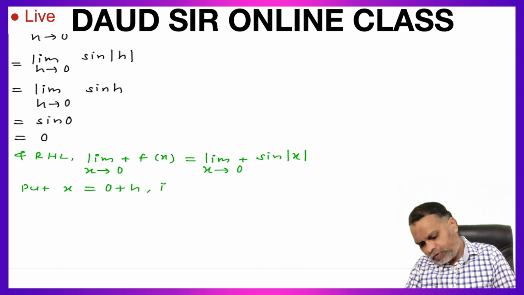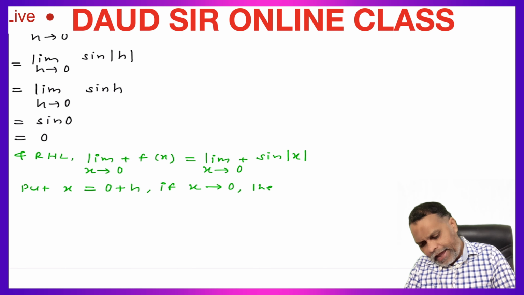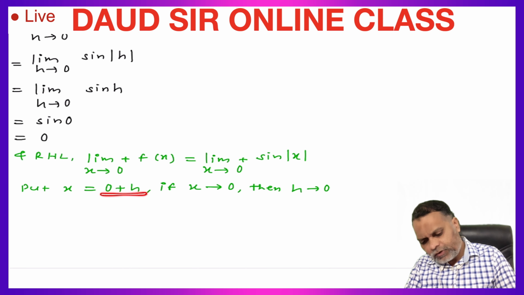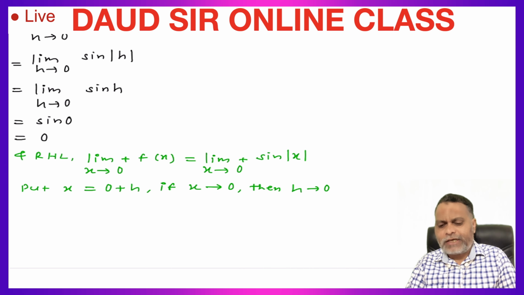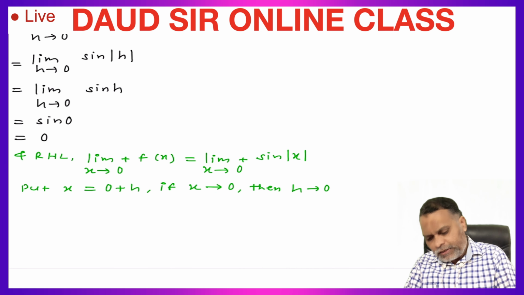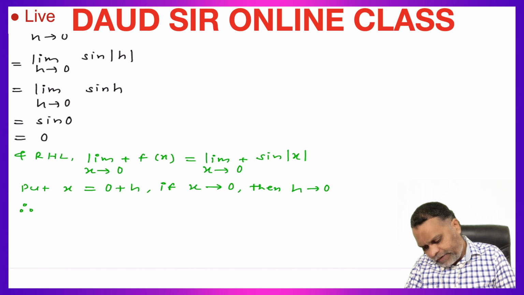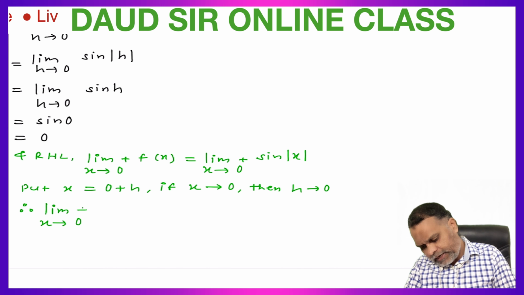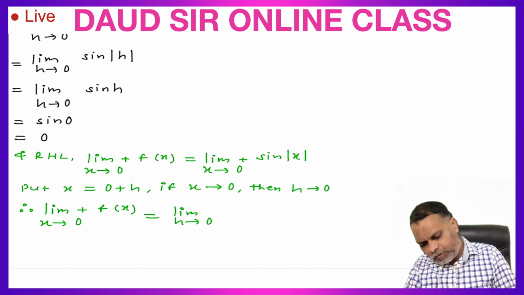Change tends to: if x tends to 0, then h tends to 0. How? Just substitute this 0 plus h here. 0 plus h tends to 0, that is h tends to 0. Therefore, right hand limit will become limit h tends to 0 sine mod of x, with x equal to 0 plus h.